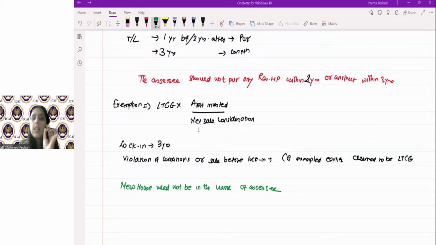In that case, the Karnataka High Court held that the precondition for claiming the benefit under 54F is that the capital gains realized on the sale of a capital asset should have been invested in the purchase or construction of a residential house.